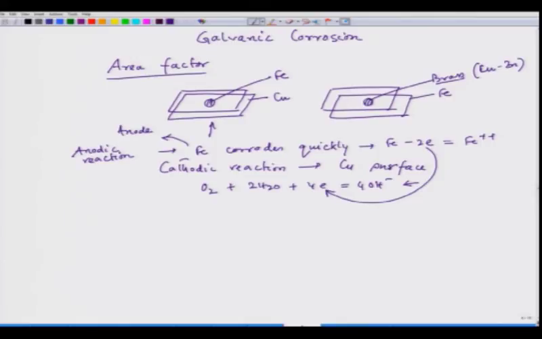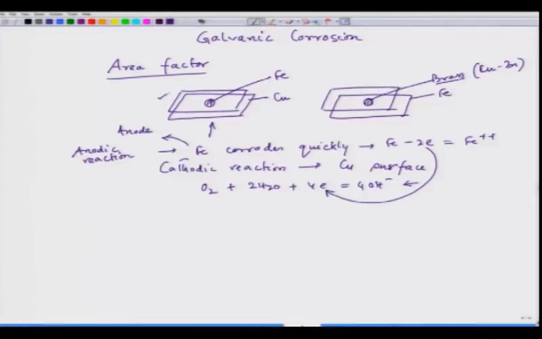The rate of iron dissolution would be faster, and this is the concept of area factor in galvanic corrosion. So, if the cathode area is very large and the anode area is small, then the danger of galvanic corrosion is very aggressively felt, just like this case.